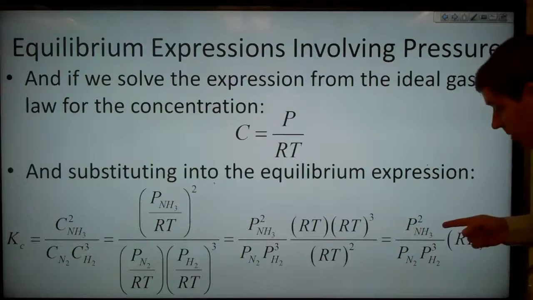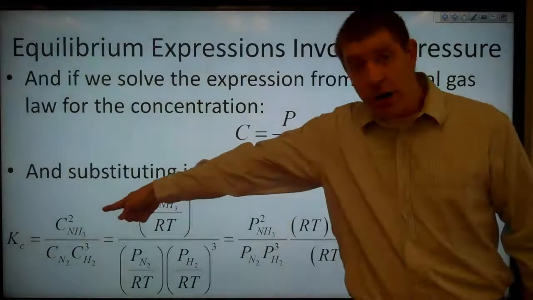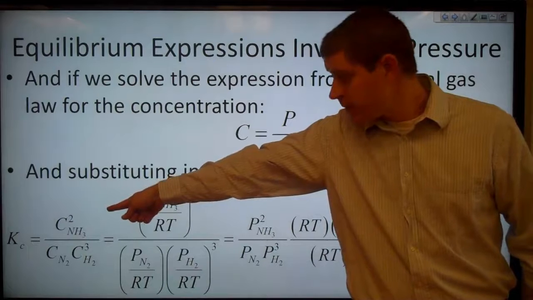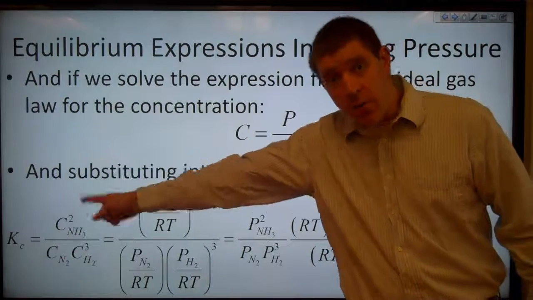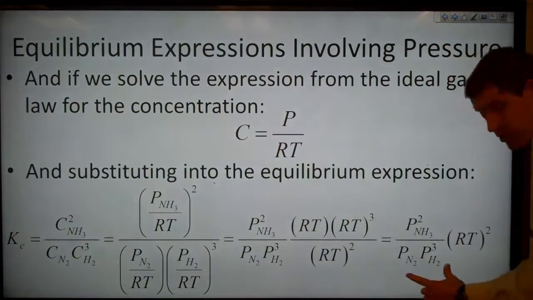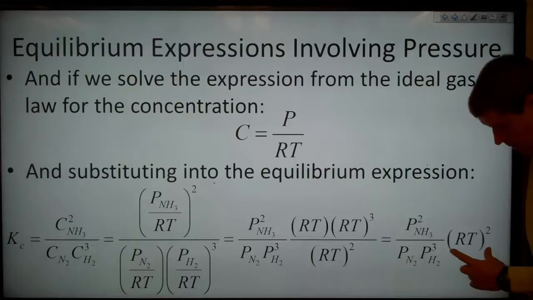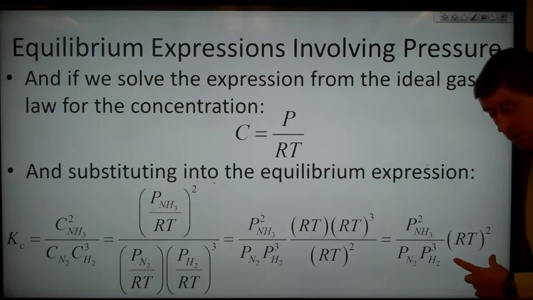And so it's a similar sort of expression. This one is similar to the concentration expression that we have, except that in place of the concentrations, we've plugged in the pressures, and then we have this extra term, the RT squared. Note that in this case it's RT squared.